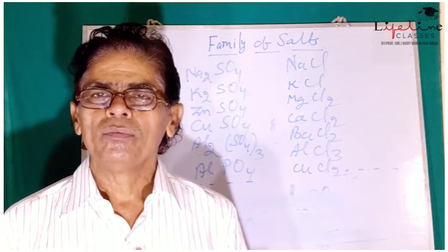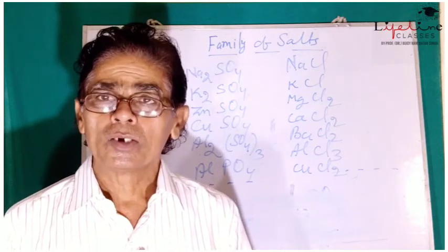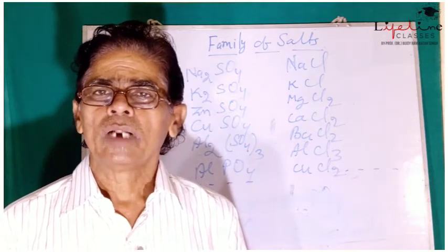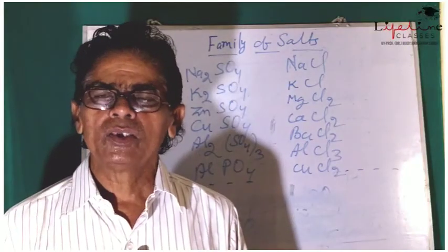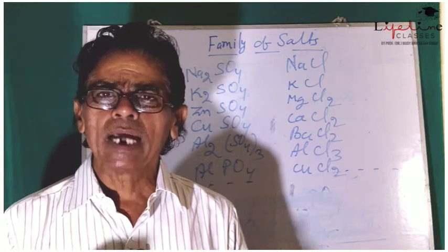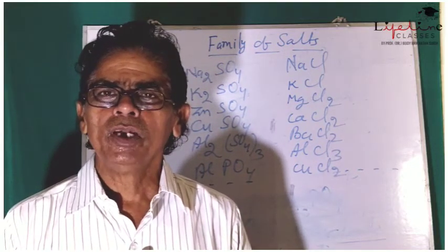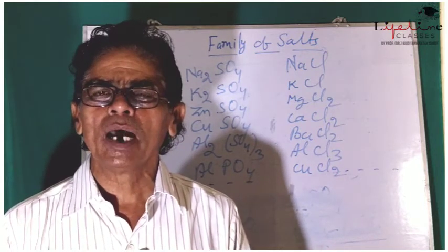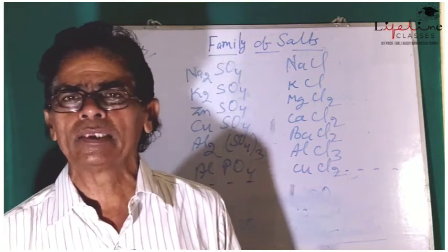So, I think you have already understood. Now let us try to understand the basic salt. Basic salts are those salts which are formed by the neutralization reaction between a strong base and weak acids.